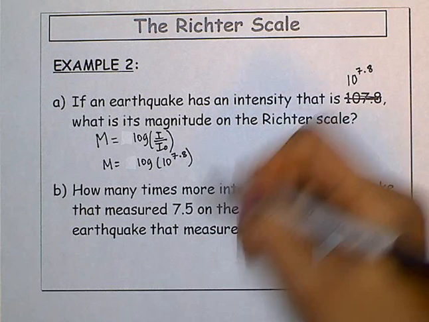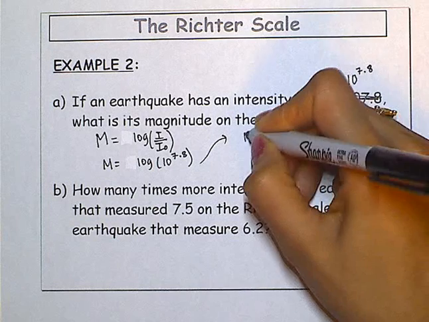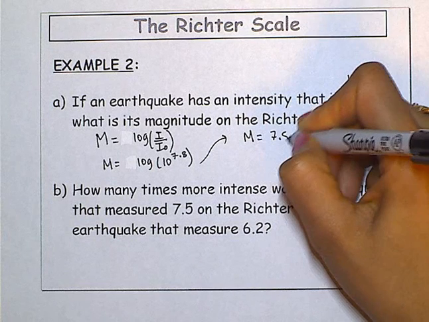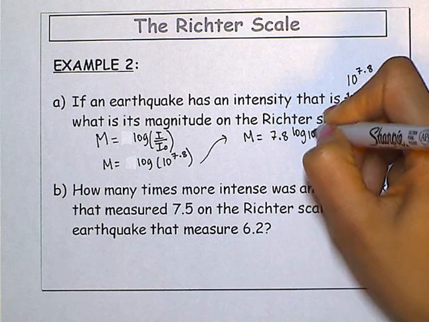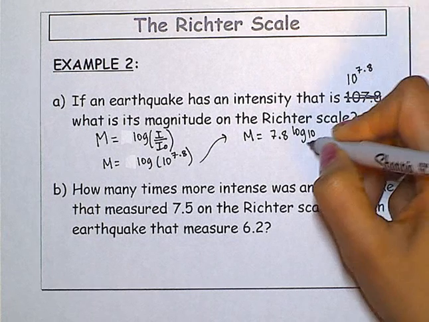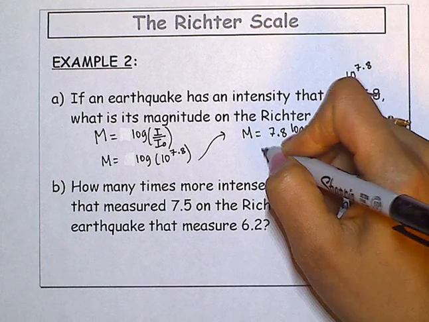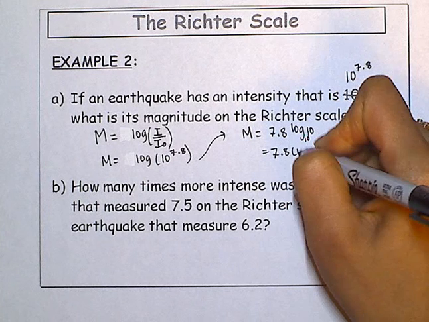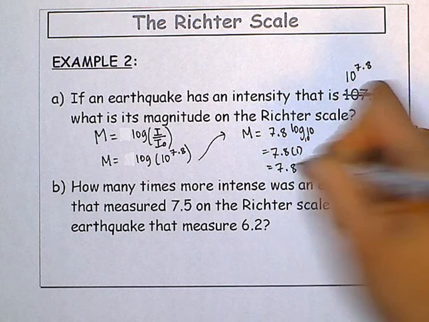M equals 7.8 log base 10, and we all know that log base 10 of 10 is equal to 1, so that's 7.8 times 1, which is equal to 7.8. So our magnitude is going to be 7.8.